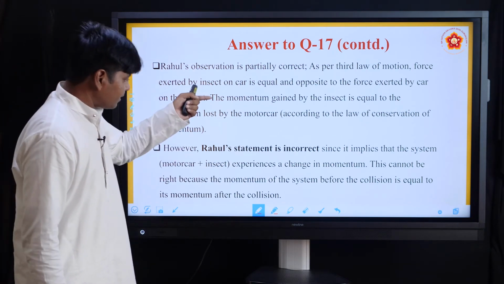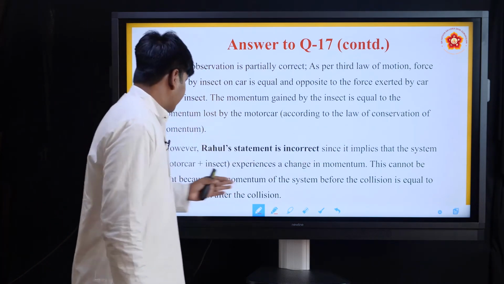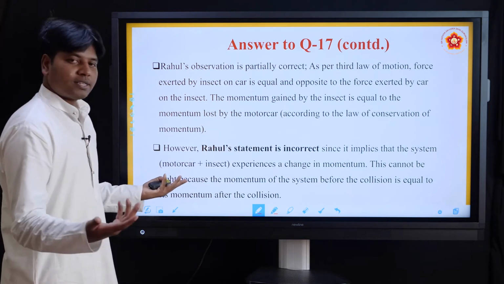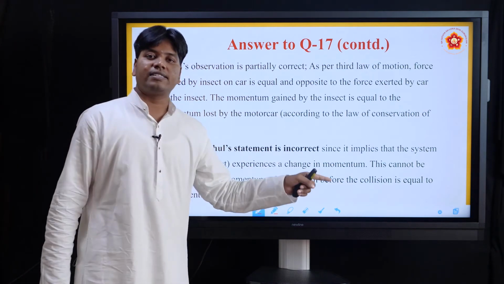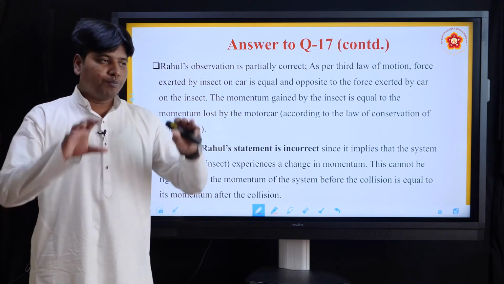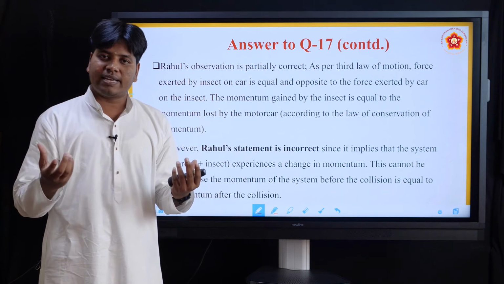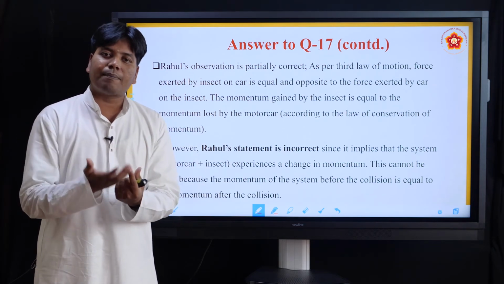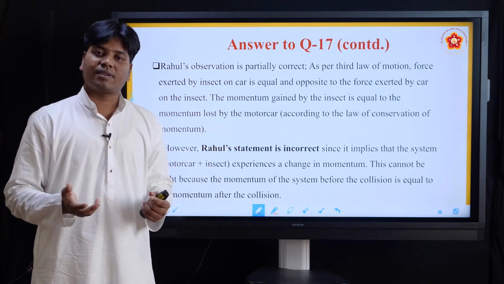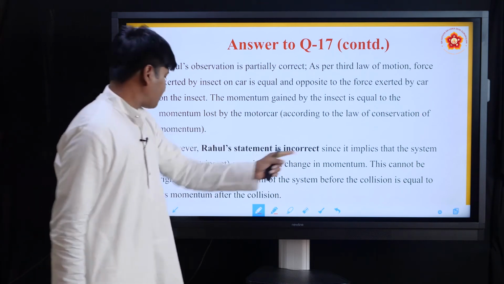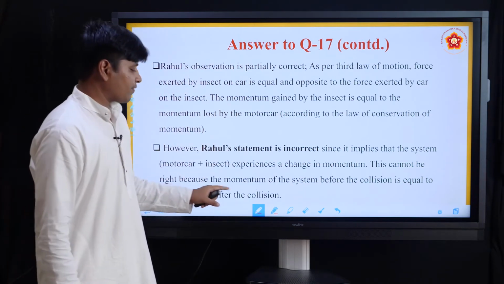If you consider that case and compare it to Rahul's argument, what is the system? Our motor car and insect together form a system. That system experiences a change in momentum. If both momentum changes are equal in magnitude, what happens? It changes the magnitude of the momentum of the system together. That cannot happen, because the momentum of the system before the collision is equal to the momentum of the system after the collision.